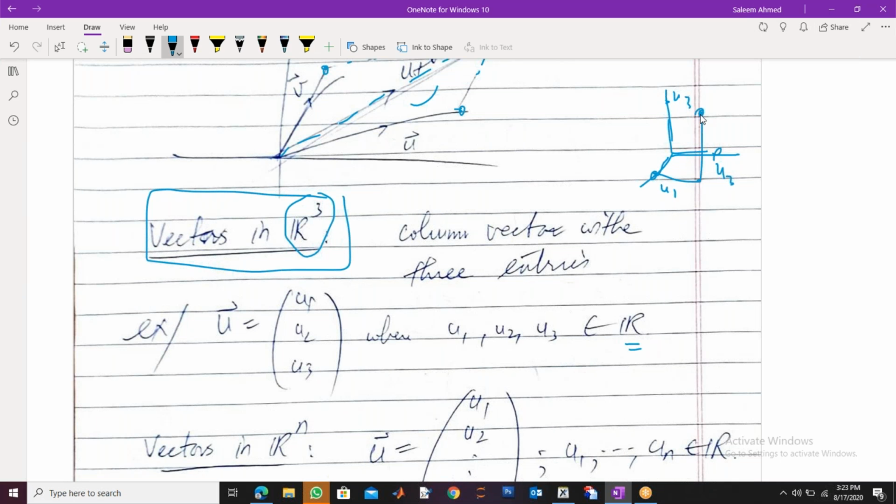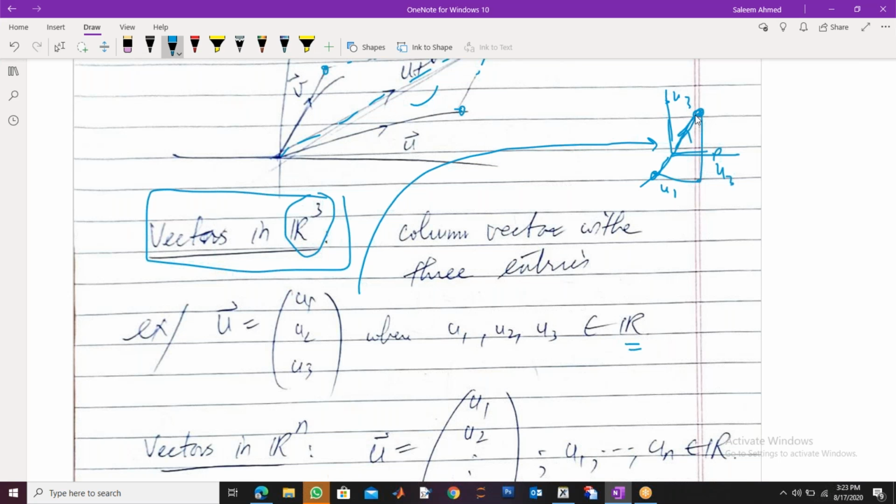If you join them, this is the vector (u1, u2, u3). This is not on the paper. It is somewhere in space, because three dimensions are not on a paper. You are sitting in a three-dimensional place. Look at your head: your head is a point in space.